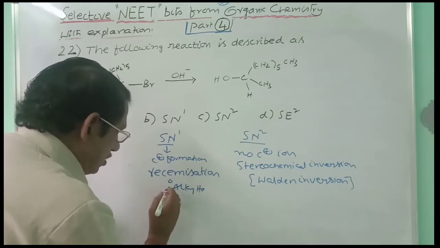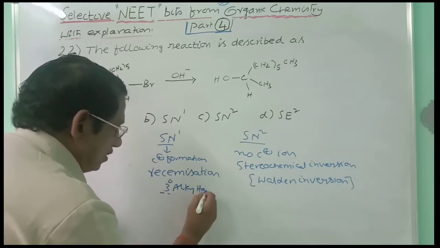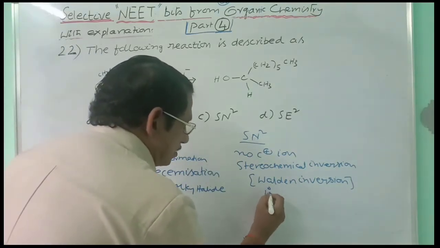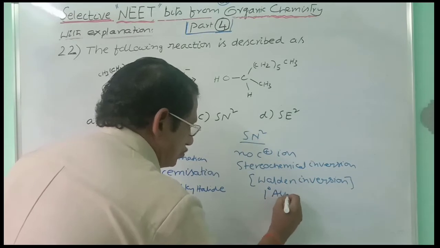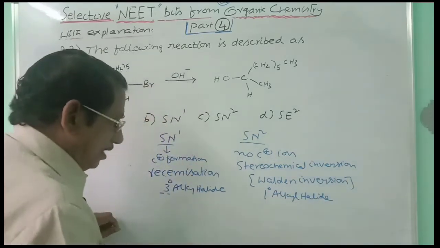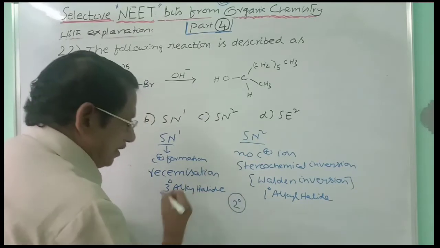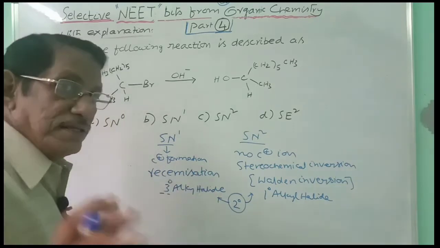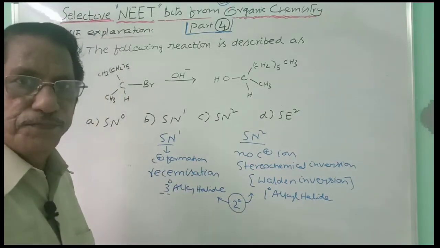Tertiary alkyl halide undergoes SN1 mechanism, whereas primary alkyl halide undergoes SN2 mechanism. If it is secondary alkyl halide, maybe SN2, maybe SN1, depending upon the conditions of the reaction.